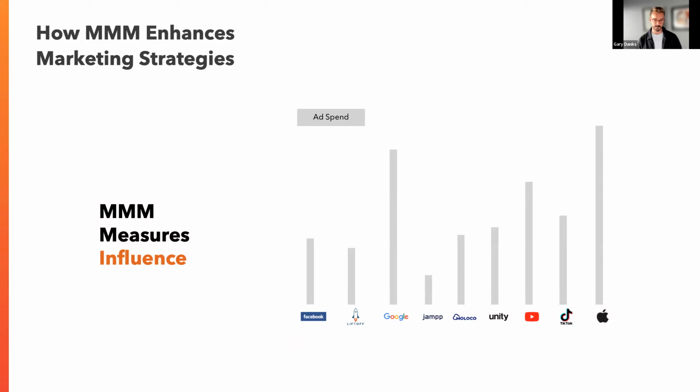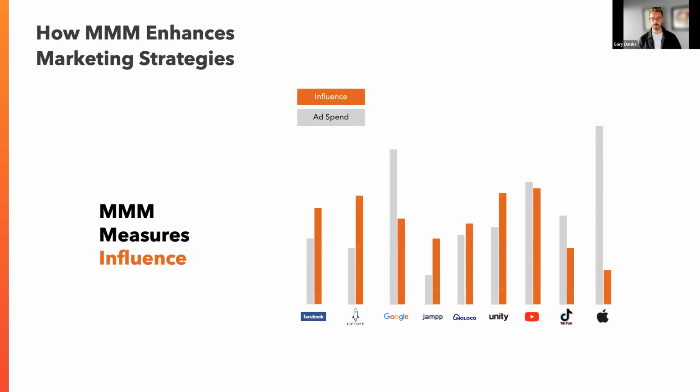What MMM does is it measures the influence of each one of your media sources on your sales or your KPIs, whatever it is that you're optimizing. And that can look quite different to where you're distributing and allocating your ad spend. So MMM is measuring the contribution of each one of your media sources on your sales.